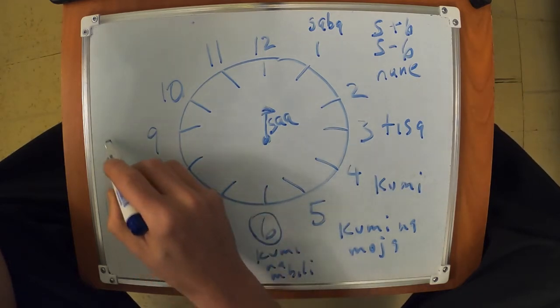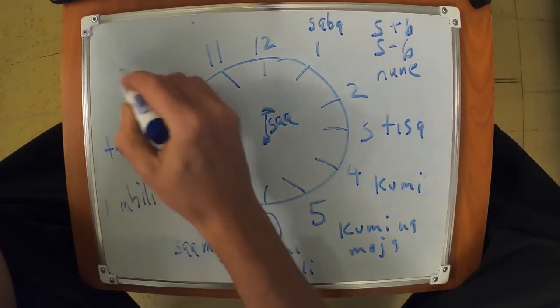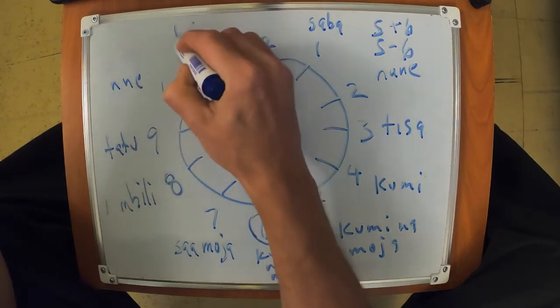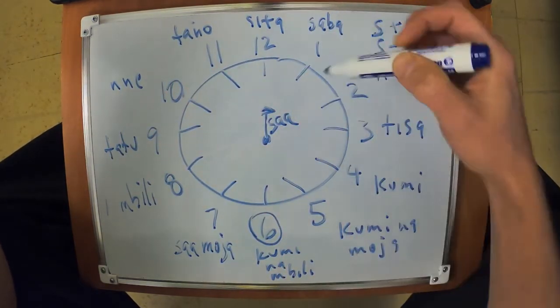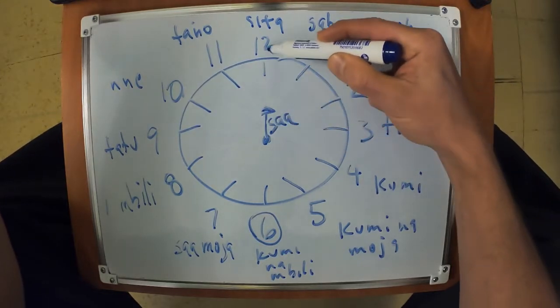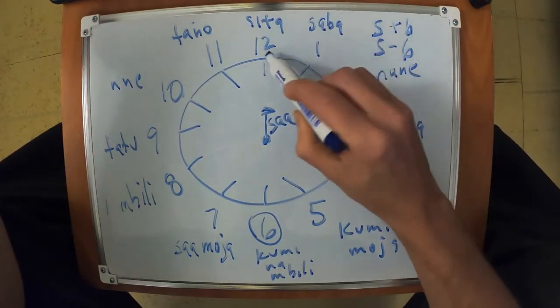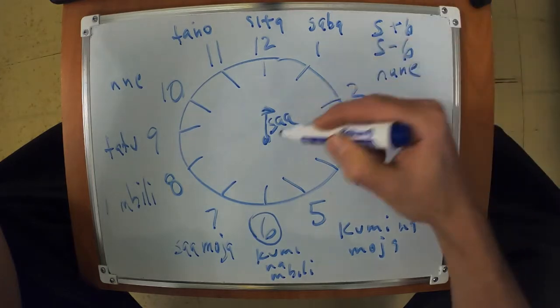Ne, tano, and sita. So if the hour hand is pointed at the 12, it's sa sita, or pointed in between the 12 and the 1, sa sita. So that's one way you can think about it.